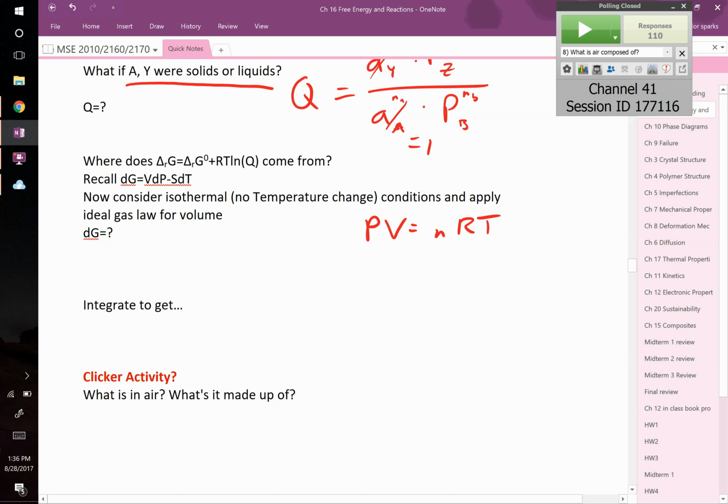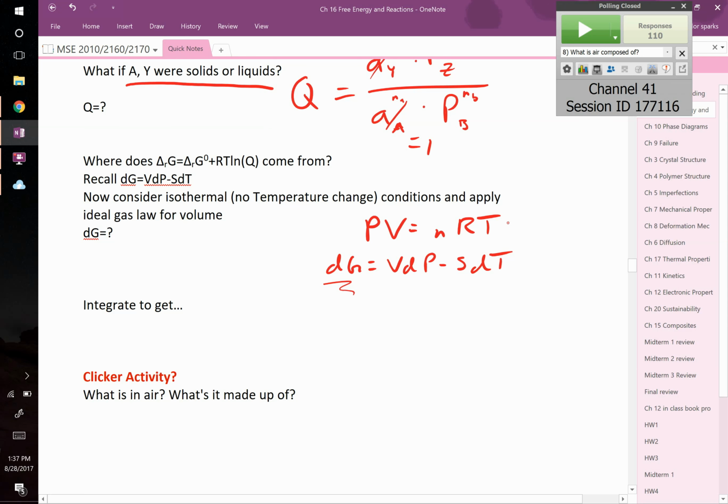Now, if you remember, we also had that dG equaled, we just wrote this up above, VdP minus SdT, right? That's the partial derivative of the free energy with temperature and pressure. And we're going to say that the number of moles isn't changing, so you don't have to worry about that just yet. Therefore, we want to figure out dG for the system, but we can do that by substituting in for volume.